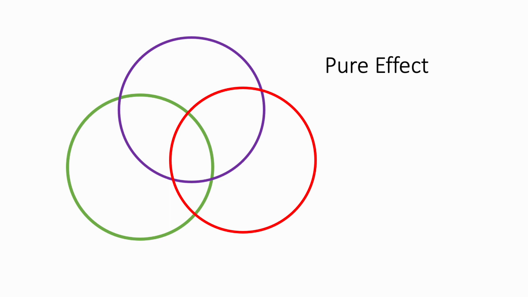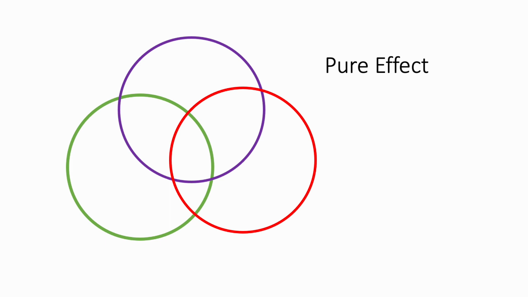Your pure effect of your first independent variable, the red independent variable, is all the area in red that is associated with the purple, but is not associated with green. And then finally, your pure effect of agreeableness is just the green that overlaps with the purple, but there's no red there.